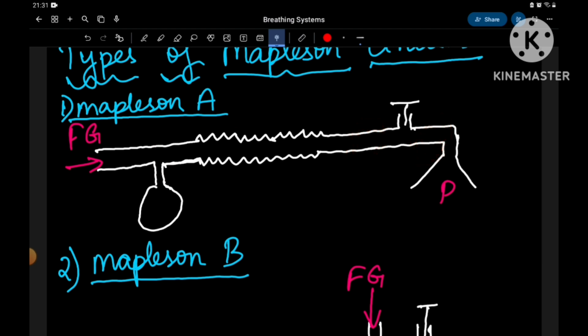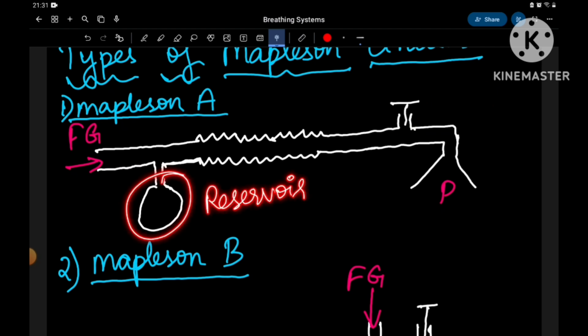There is tubing, and next this one is APL. That is adjustable pressure limiting valve. I have not labeled it because this APL valve is not present in every MAPLESON circuit. There are some exceptions to it, so I have not labeled it. And this one is reservoir bag.